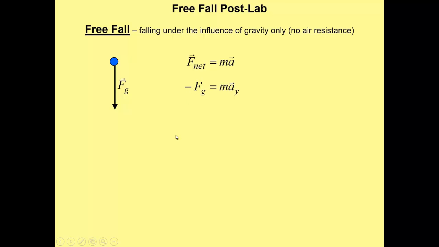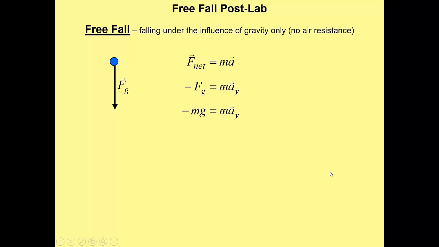And we know that near the surface of the Earth, we can calculate the force of gravity acting on an object, otherwise known as its weight, using mass times gravitational field strength. Now in this case, this little g is the gravitational field strength, right? Because we're using it inside of F_g as mg. So we have negative mg equals ma.